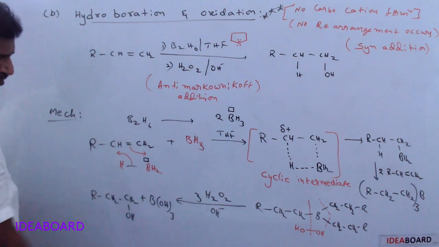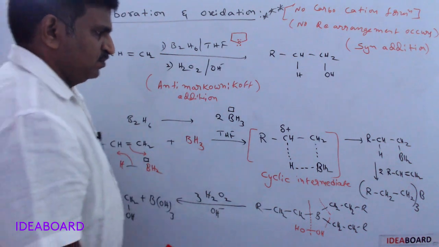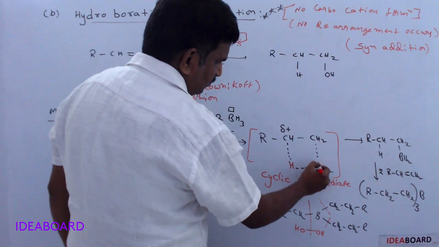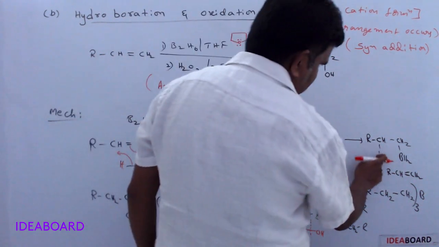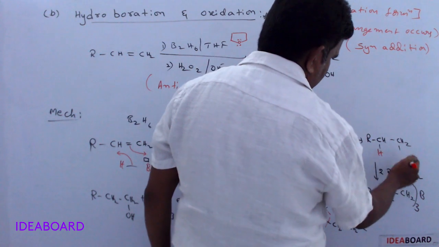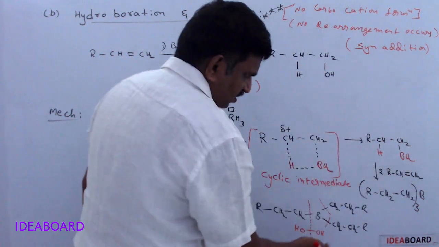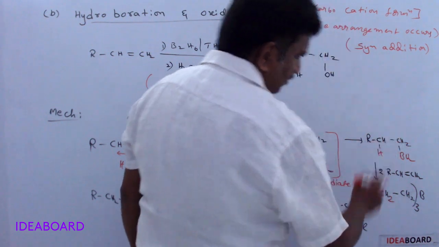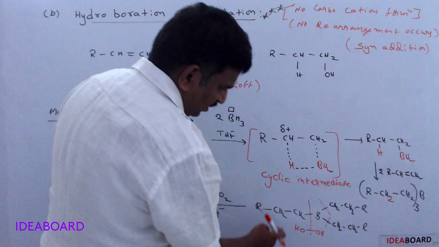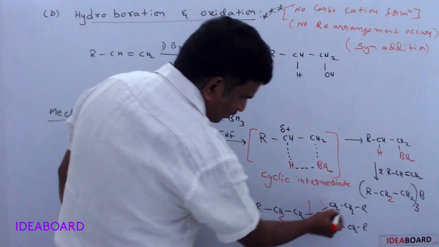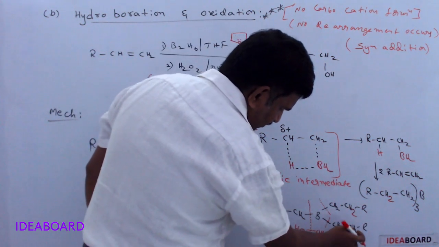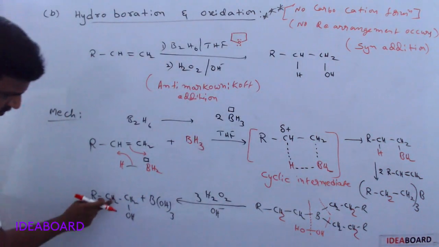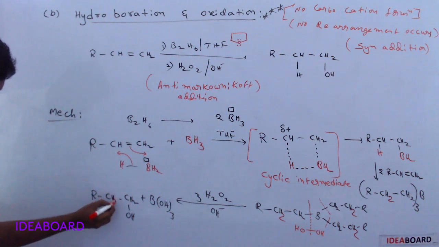In the final stage, here also H is present, and here we have BH2. One hydrogen is from the BH2 group, and in all these cases, one hydrogen is from the BH2 group. Finally, we now have two hydrogens.